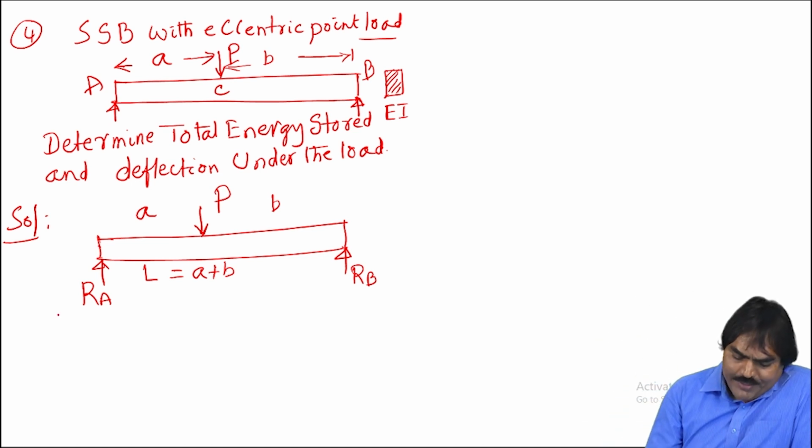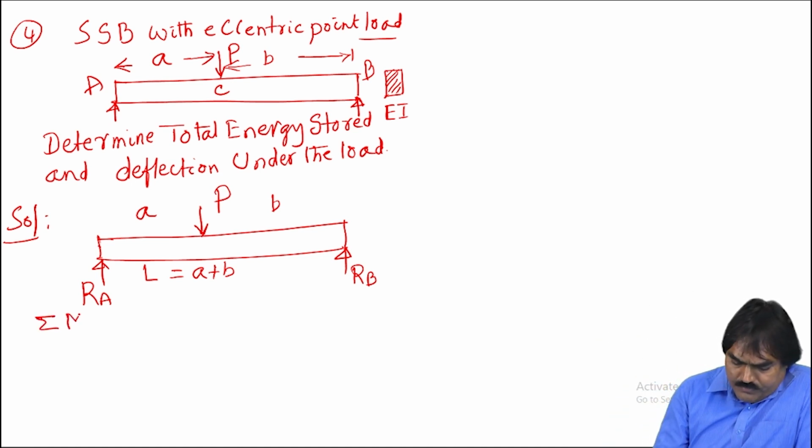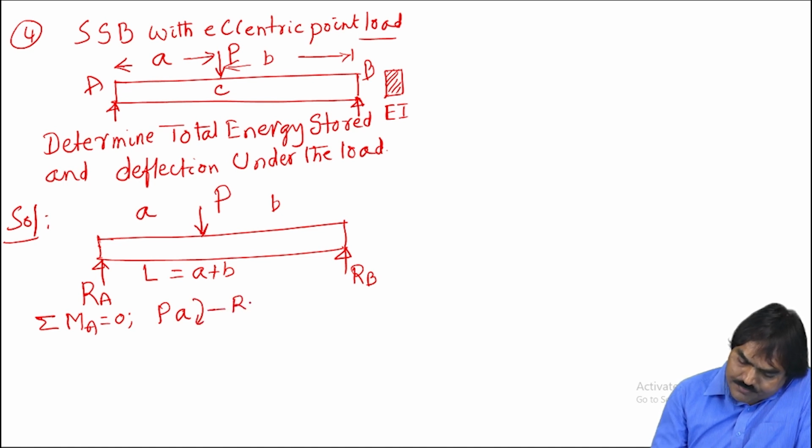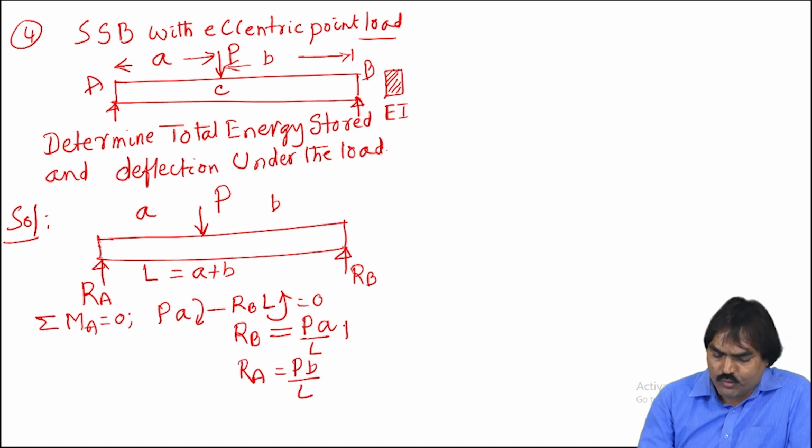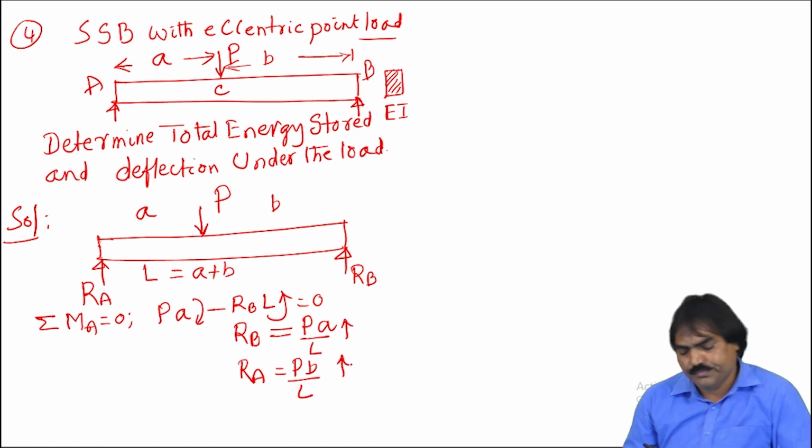When I take moment about point A, which is equal to 0, that is P into A clockwise moment minus RB into L anti-clockwise equal to 0, from which we can find RB is equal to PA by L. Similarly, RA is equal to PB by L. Both are vertically upwards.